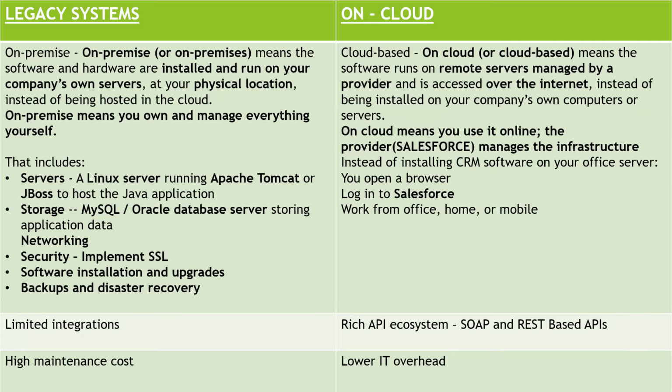So on premise, as the name suggests, means the software or hardware are installed and run on your own company's server at your physical location instead of being hosted in the cloud. Suppose you have a software selling company.